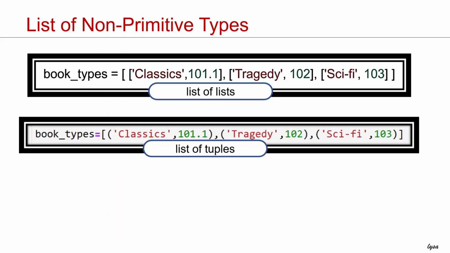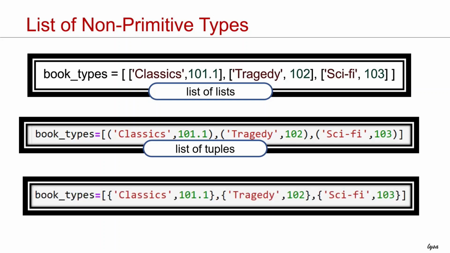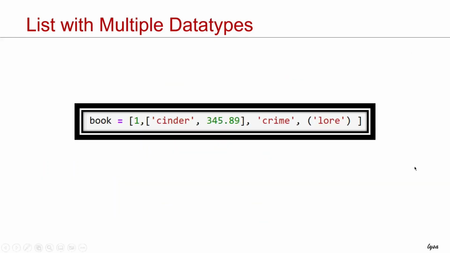Just like we can have a list of lists, I can also have a list of tuples. Here in this list, every single element is a tuple. Similarly, we can have a list of dictionaries, where every single item in the list is a dictionary. Lists with multiple data types.